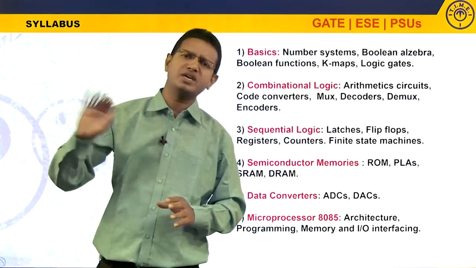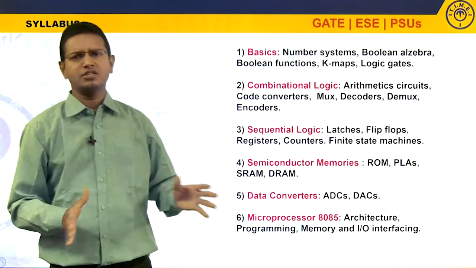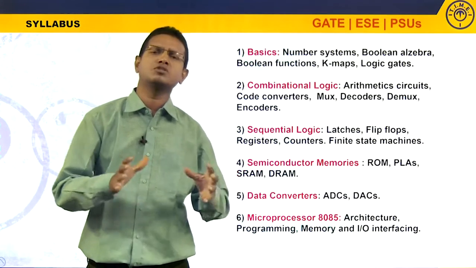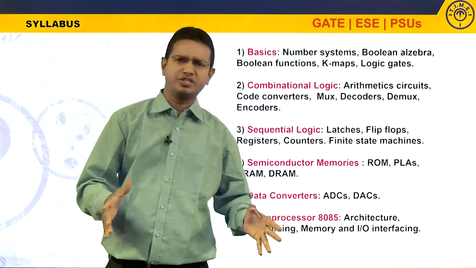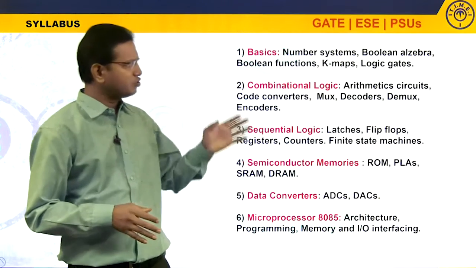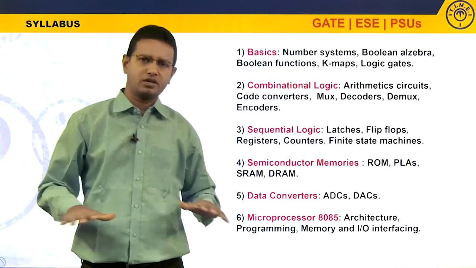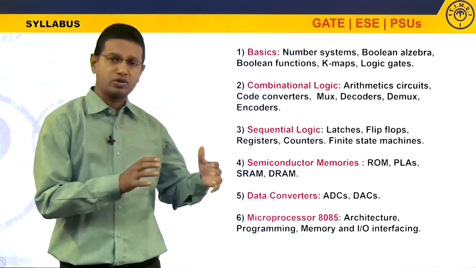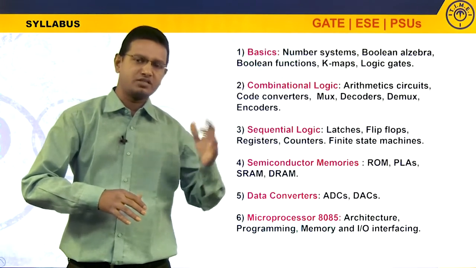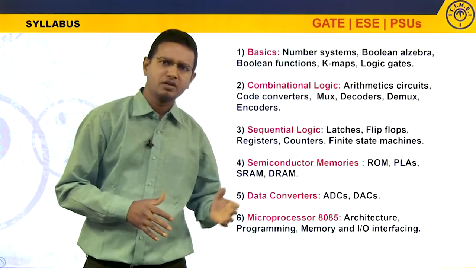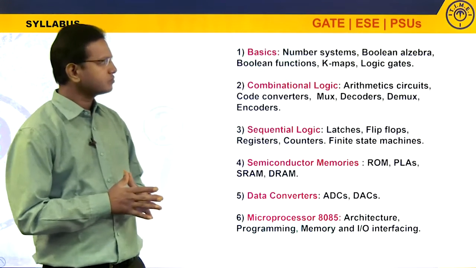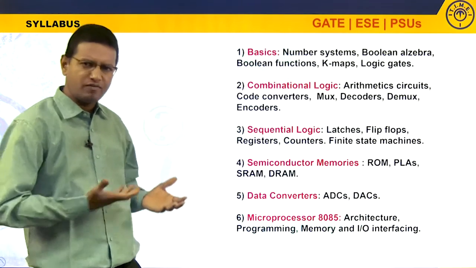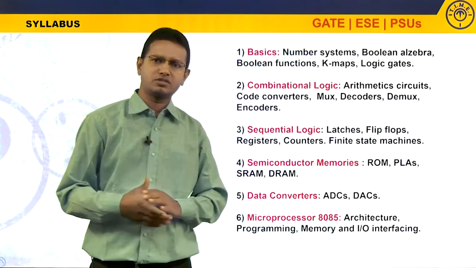Whether you are designing a combinational circuit, a sequential circuit, or any other digital circuit, your basics of Boolean algebra should be very clear. If they are not, you cannot design the circuit precisely, because somewhere you will be lacking in the design concepts. So, Boolean algebra forms the complete base for digital electronics.